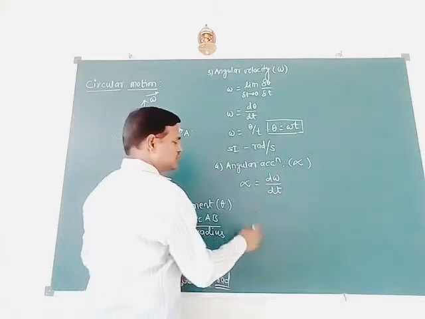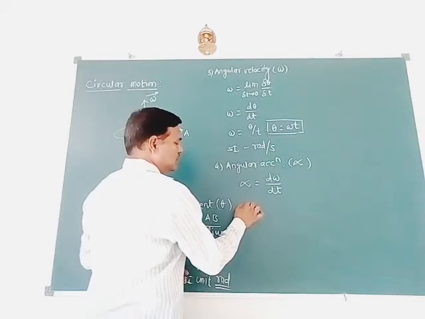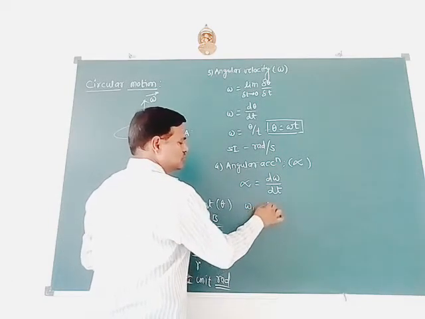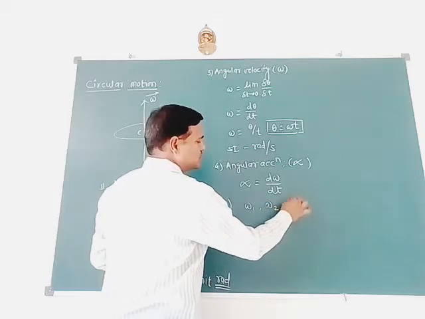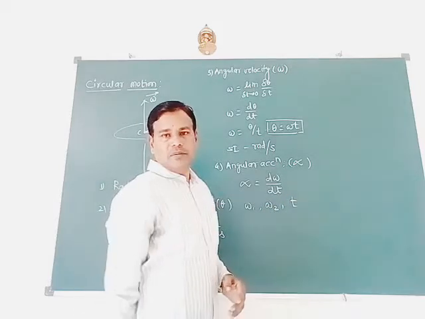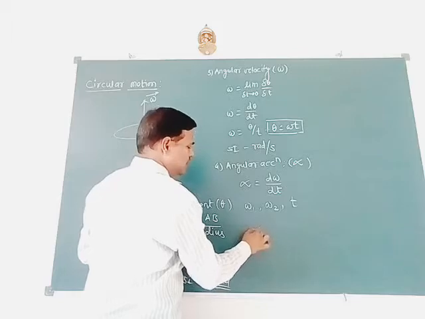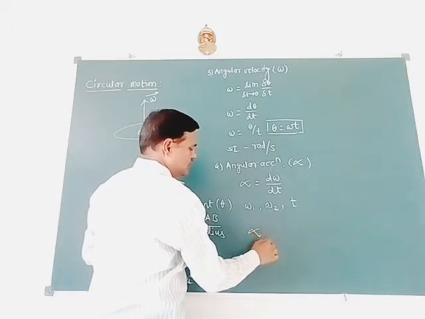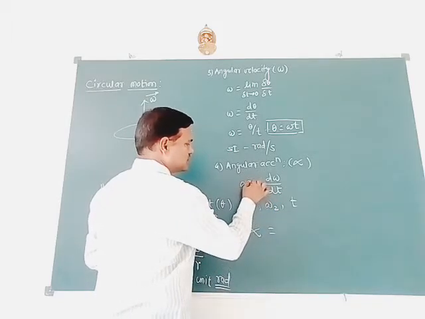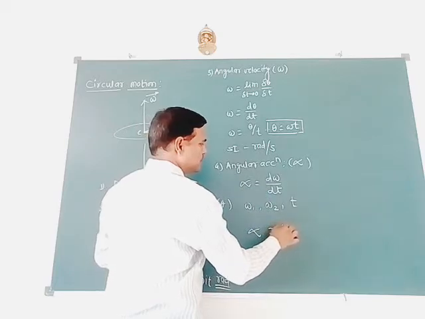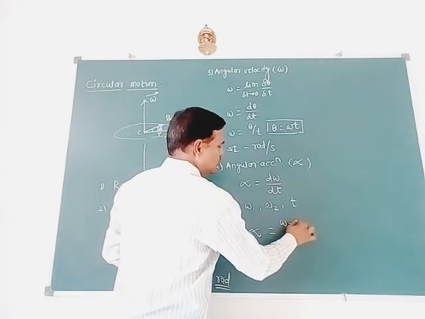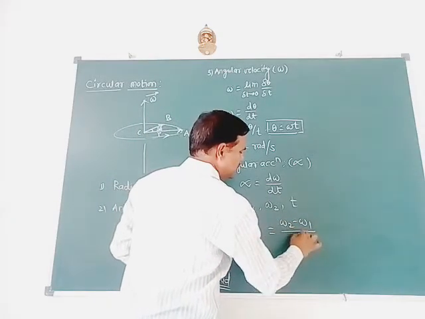In other words, omega 1 is the initial angular velocity and omega 2 is the final angular velocity. It changes in time t. Then alpha can be written as omega 2 minus omega 1 divided by t.